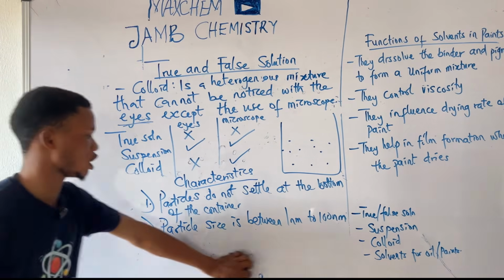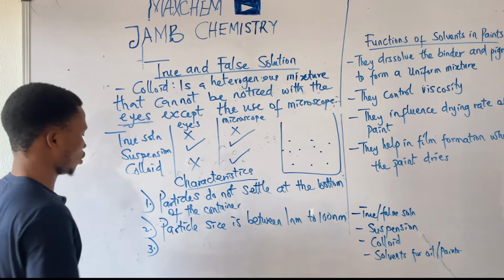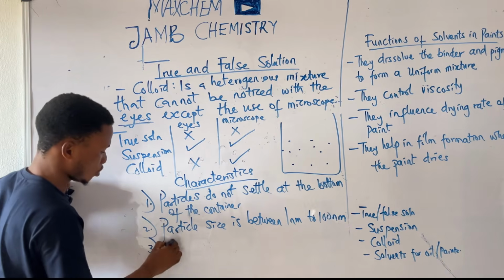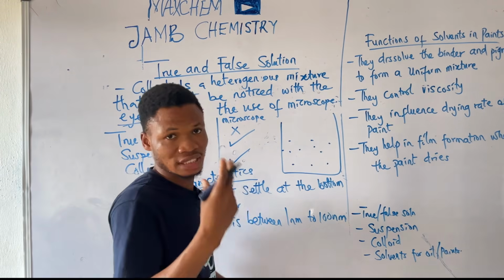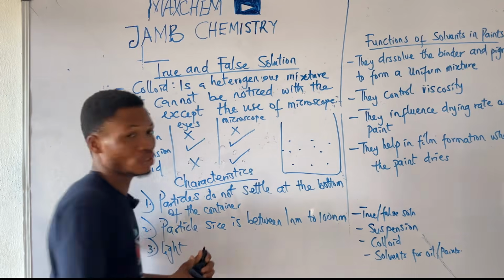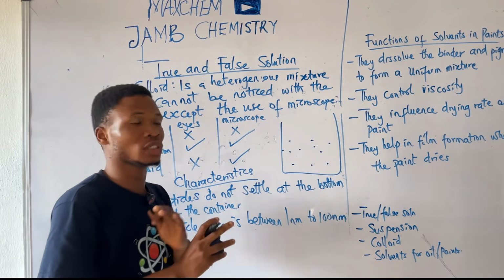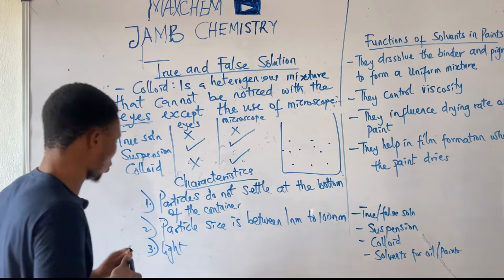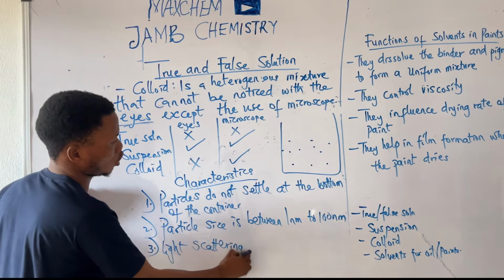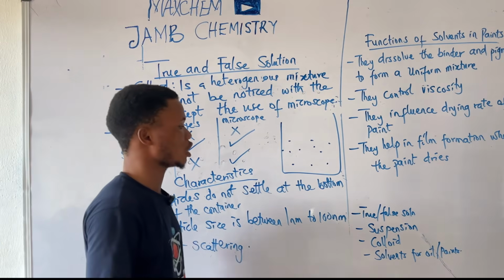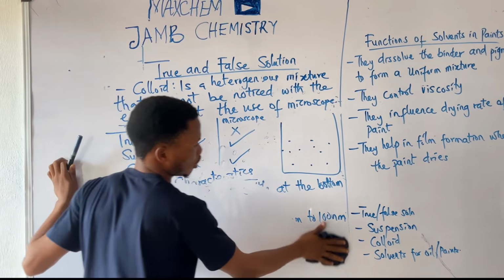All right, and also there will be light scattering because there are particles in it, though we can't see them because it just looks like it has mixed, but it has not mixed. So there is light scattering also in our colloid. So that's that.